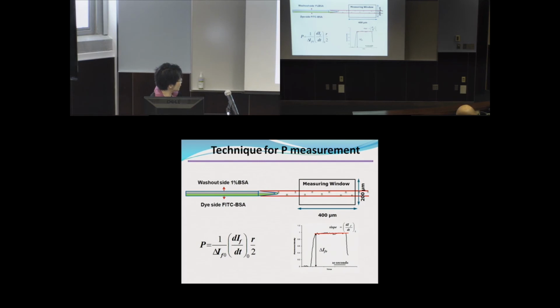If the microvessel wall is permeable to this solute, we see the accumulation of the solute in the tissue and an increase in the total intensity in this measuring window. And then from this step increase, the slope of this increased curve, and the radius of this vessel, we can calculate solute permeability.